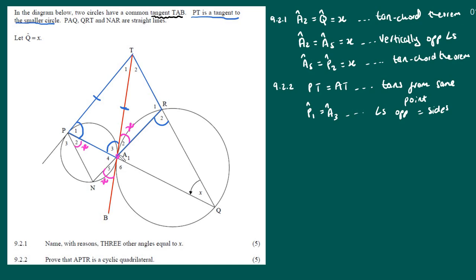All the 4 points are not in the circle, so we can't use properties of a cyclic quad. But we want to prove that indeed it is a cyclic quad. So we said that if we can prove that R2 is equal to the interior opposite, it will mean that it's a cyclic quad.